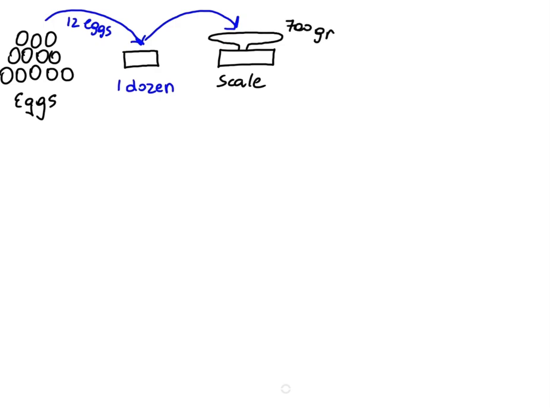So now you know that this box contains only 12 eggs, and the mass of these 12 eggs is total 700 gram. So you can easily solve, if 700 gram is 12 eggs, then per egg, how many gram is it going to be? It's just a simple equation. So stoichiometry works exactly the same.